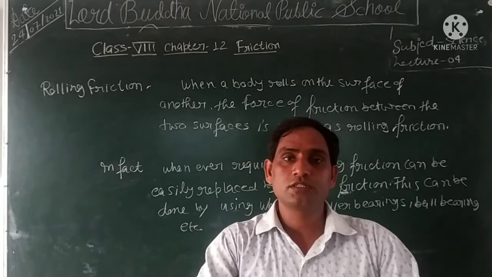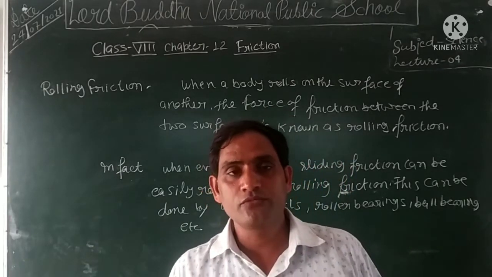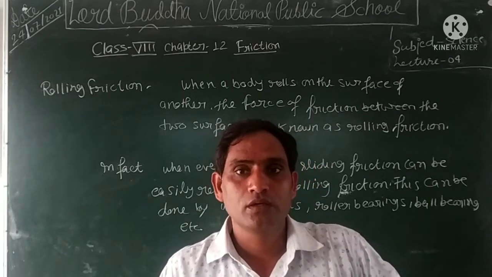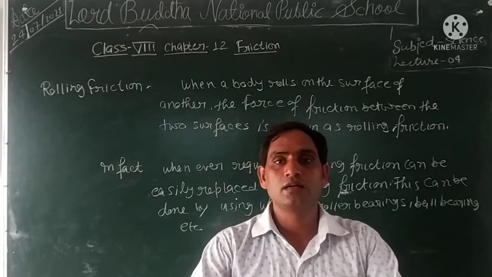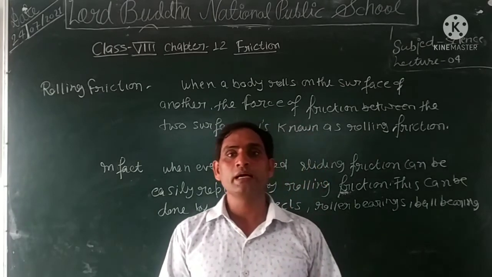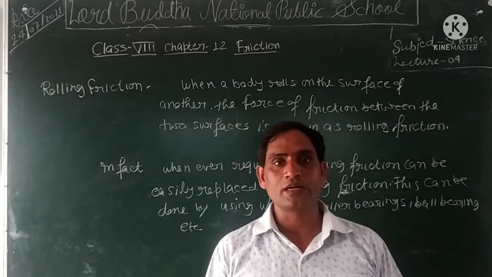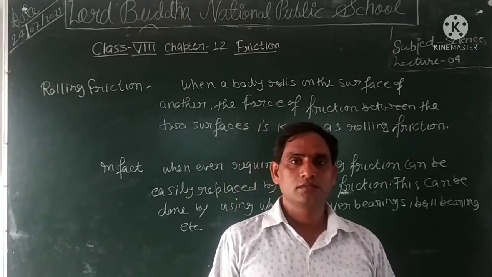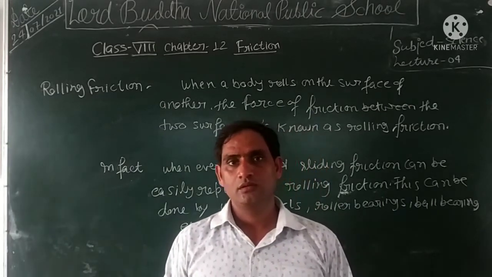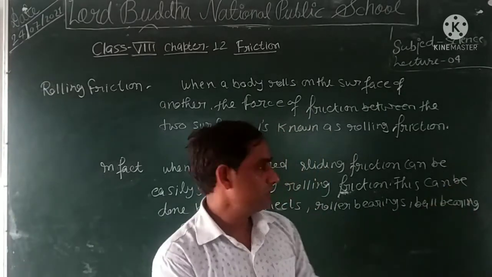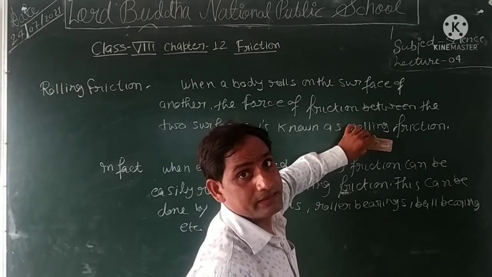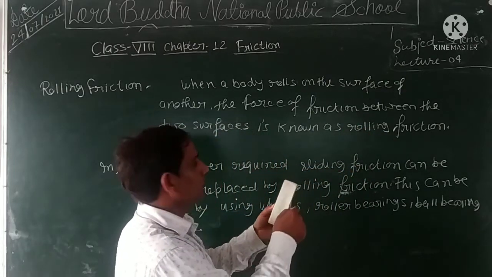When any object rolls over the surface of another object, then the friction which comes into play is called rolling friction. First of all, we will differentiate between rolling and sliding. What is rolling and what is sliding? If there is an object and you pull it like this, then it is sliding, means the contact surface area is maintained.